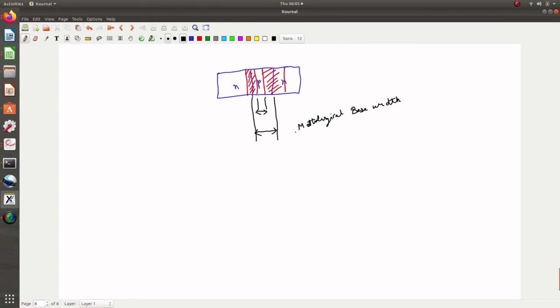Due to the biasing, we have a change in depletion region at the junction, which shrinks the base width to the smaller width, known as the neutral base width.